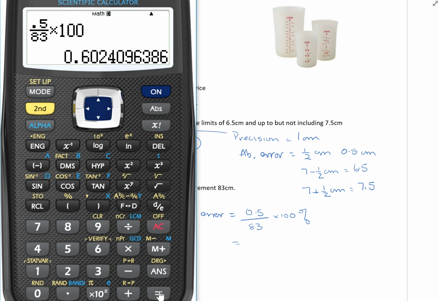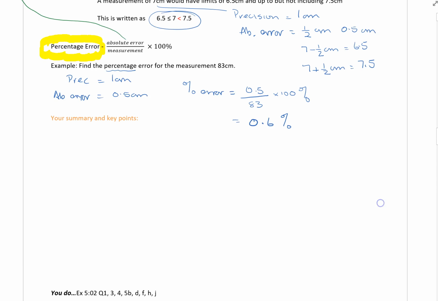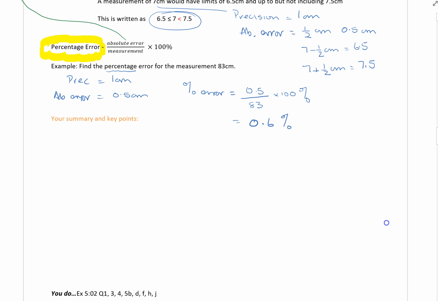And that's 0.6%. That's pretty small, isn't it? 0.6%. Going to stop the video there. You do your summary, which will definitely include those technical terms, and then you're right to do 502.